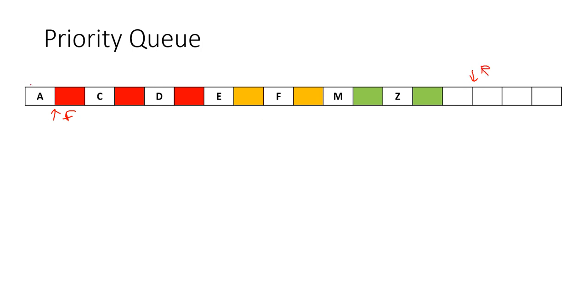But in this case, instead of just storing the data, you've got to store the data and the priority. So in this case, A is my data, and I've chosen red to be of high priority, orangey yellow there to be of medium, and green to be of low priority.